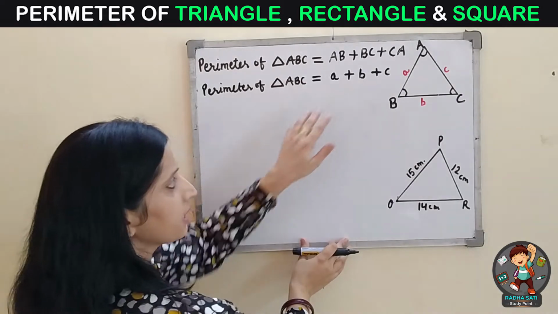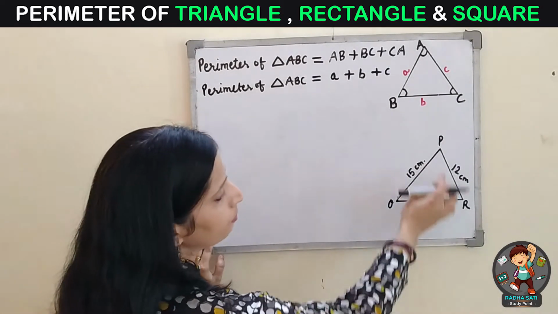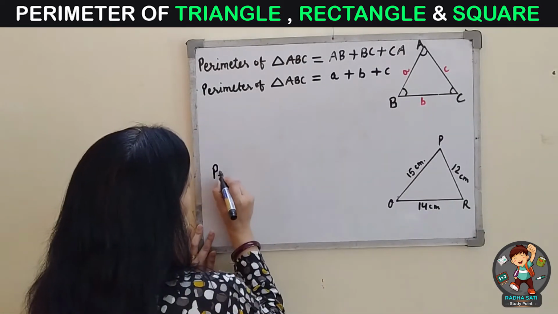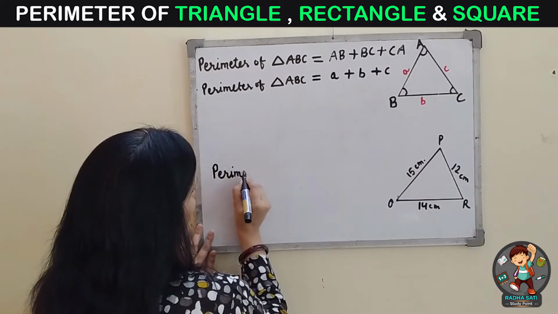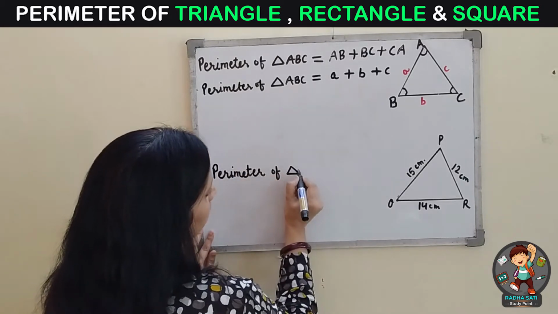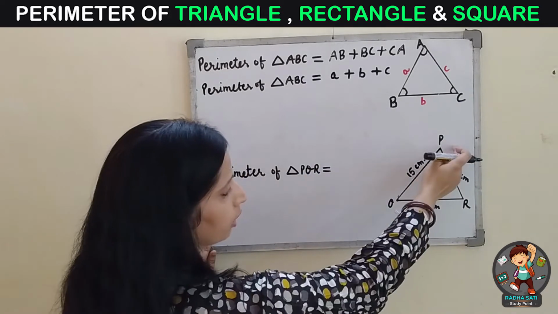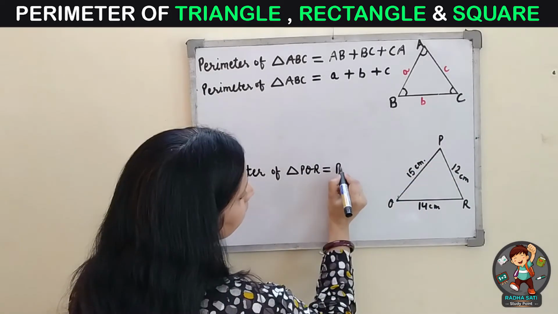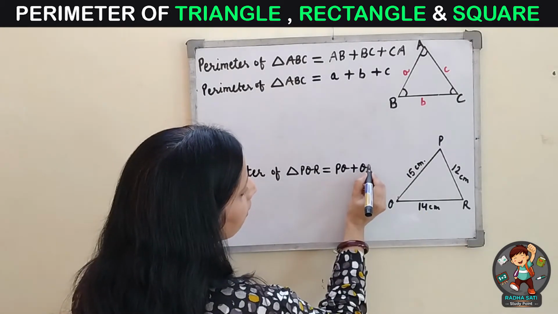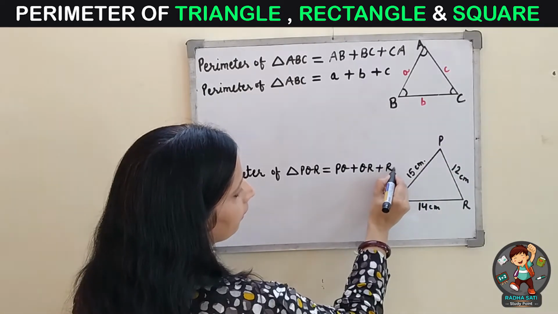Now, using the same formula, we will find the perimeter of this triangle PQR. The perimeter of triangle PQR will be equal to PQ plus QR plus RP.